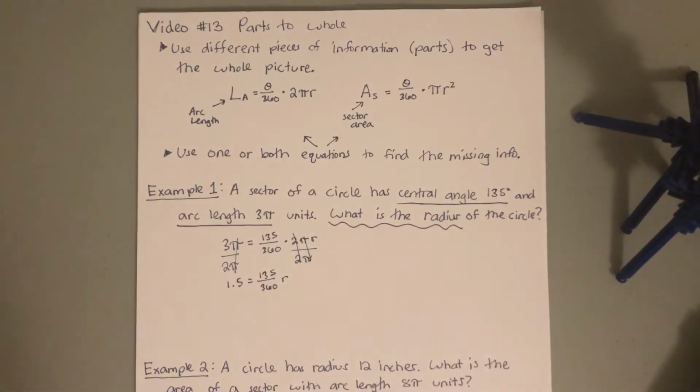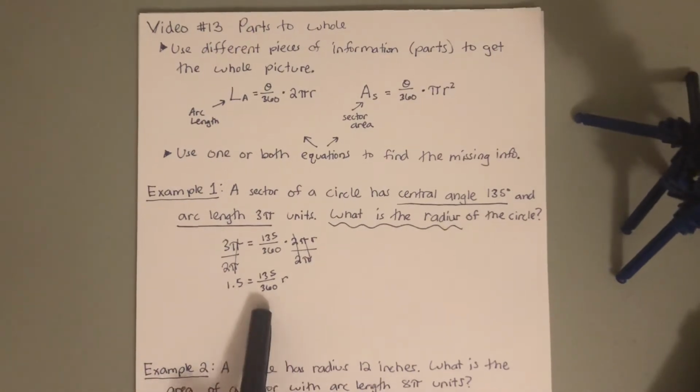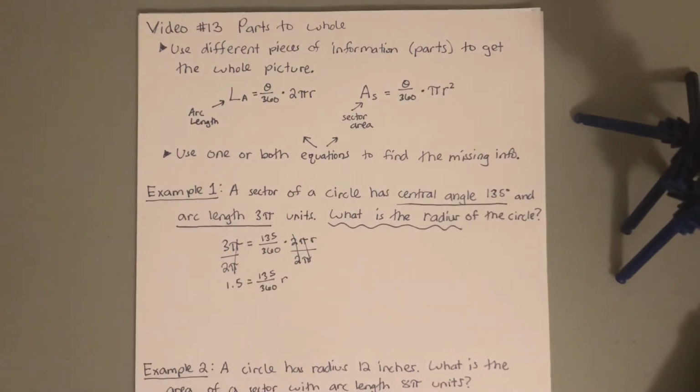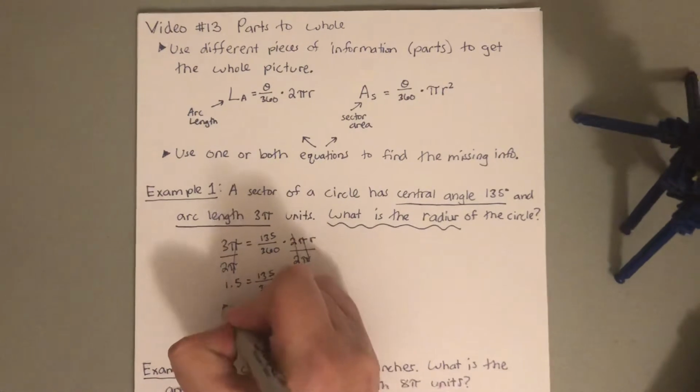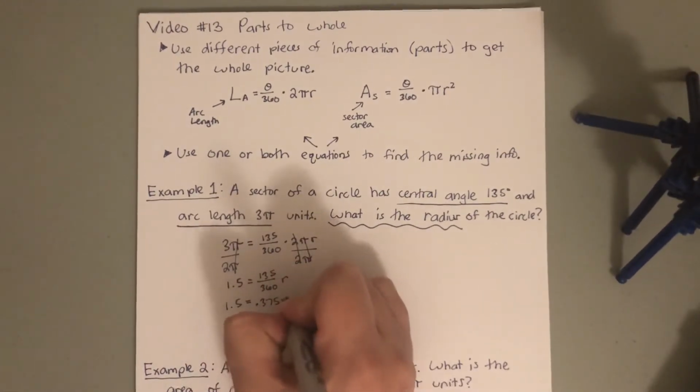So dividing by 2 pi on both sides gave me a simpler equation. Because fractions can be tricky, I'm going to change this fraction into a decimal. When I divide 135 by 360, I get 0.375r.